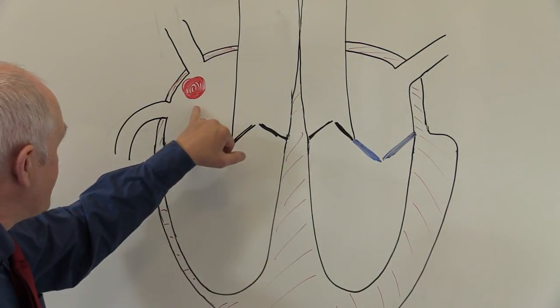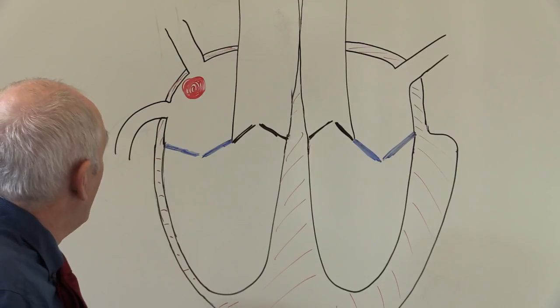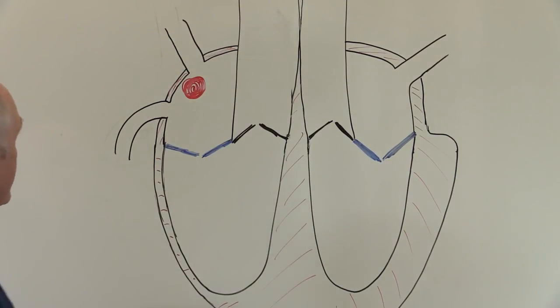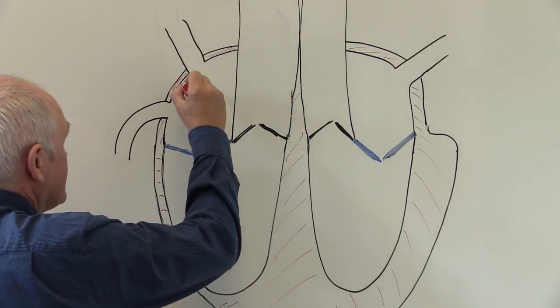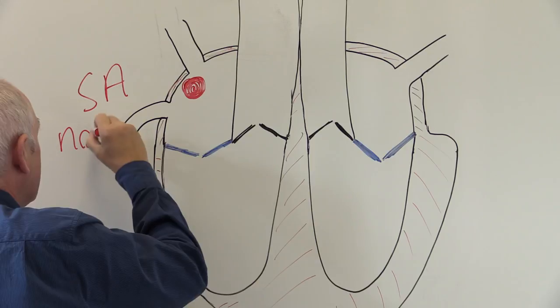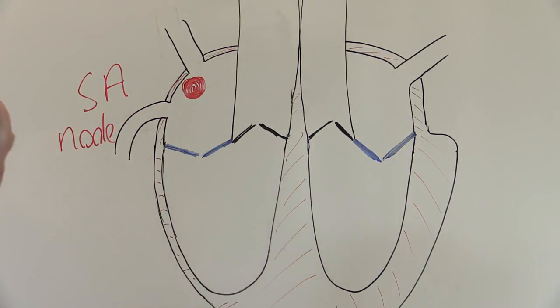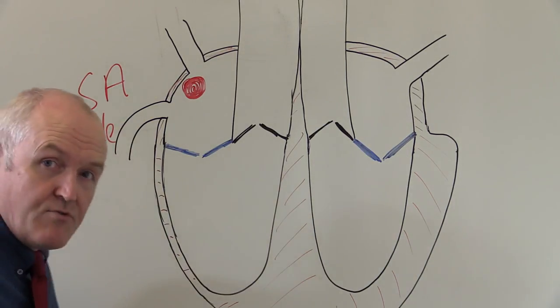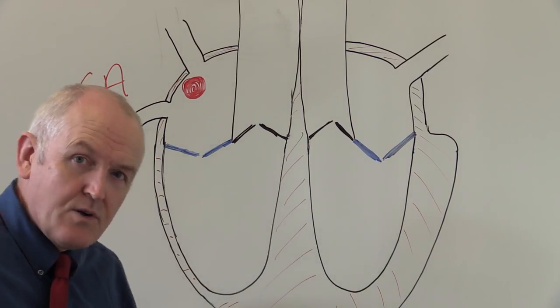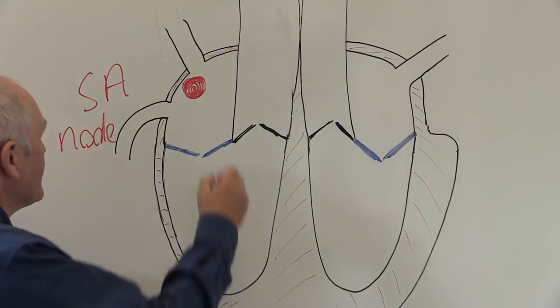And this is called the pacemaker of the heart, or the sinoatrial node. So this is the sinoatrial node of the heart, the SA node. And this is what generates the sinus rhythm, the normal rhythm of the heart.